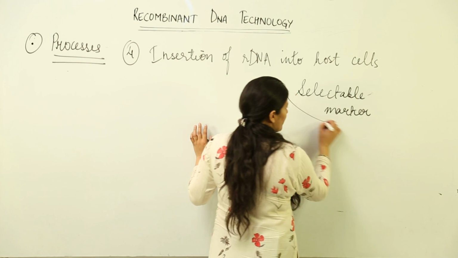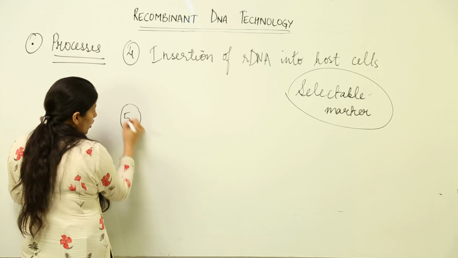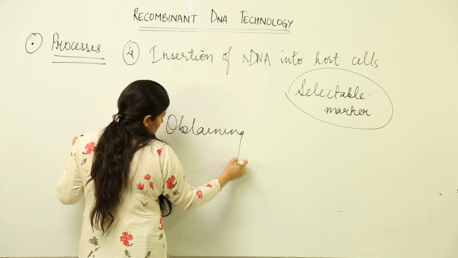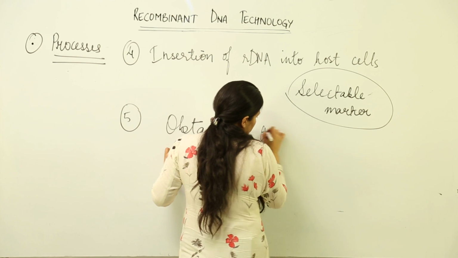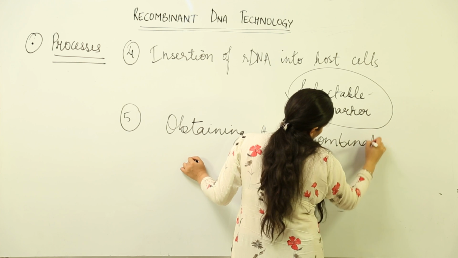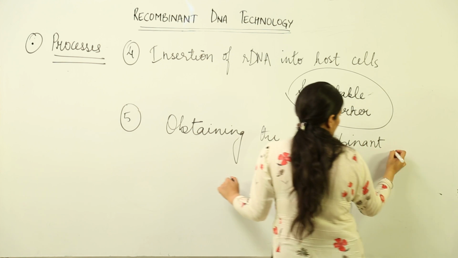Once the transformant is obtained, the next step is obtaining the recombinant product, that is often a recombinant protein. So now we come to the end of this entire process because we have our ultimate output.